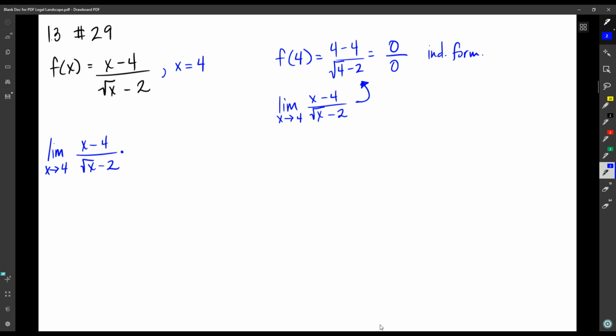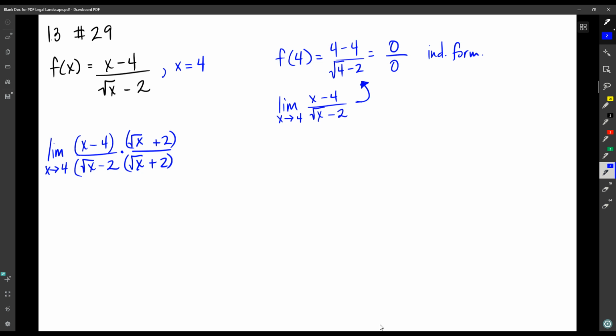So we know that we can multiply by 1 and it doesn't change the value of the limit. And the value of 1 I'm going to choose is the conjugate of this radical, root x minus 2. I'm going to multiply by (root x plus 2) over (root x plus 2). That's the strategy. You're not really changing any value.